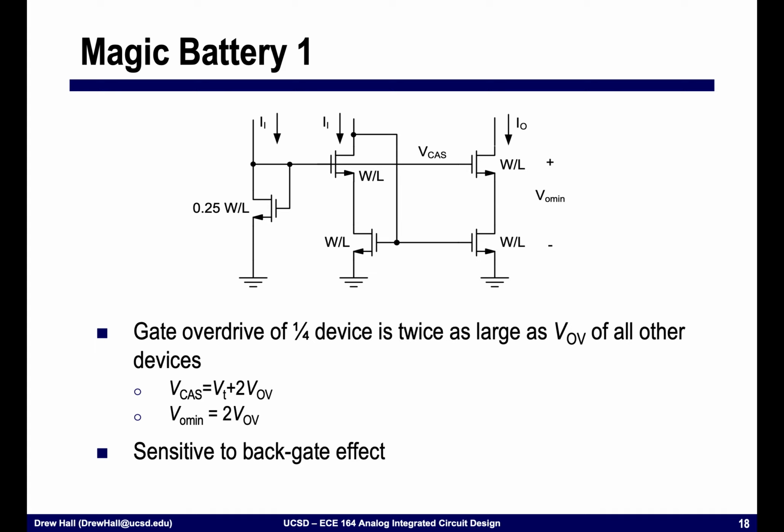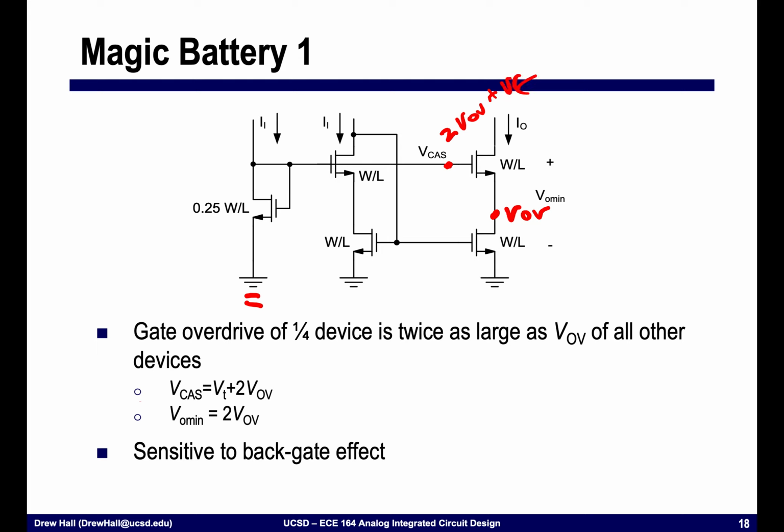All right, so the very simplest way of doing this is to take a structure that is 1/4 of the width of the device. If we write out why this works, I want this voltage to be equal to 2 VOV plus 1 VT.